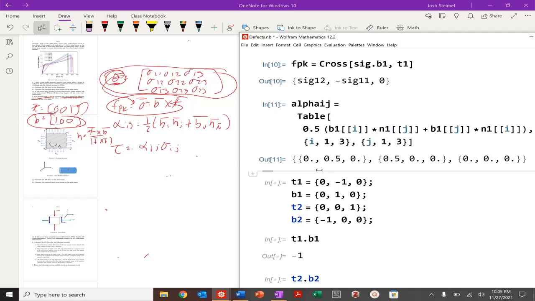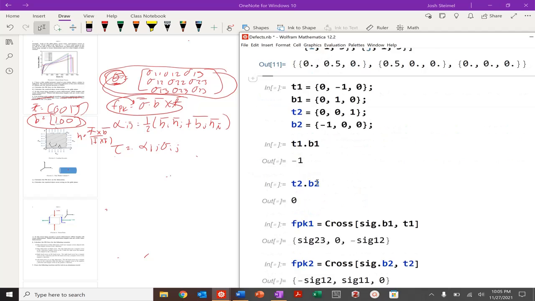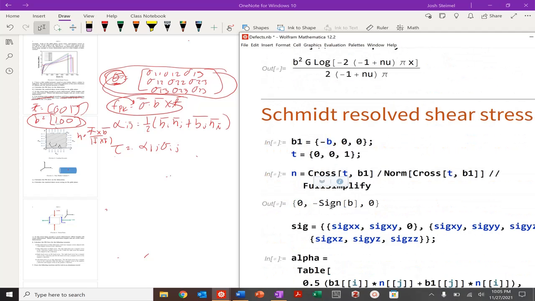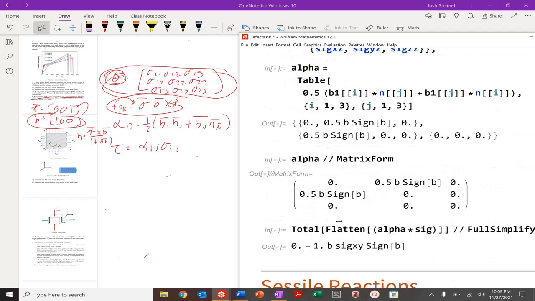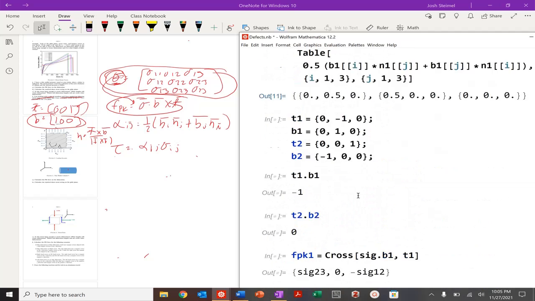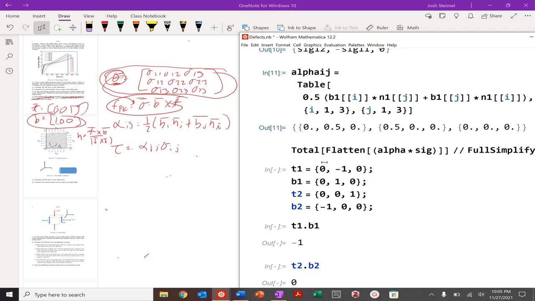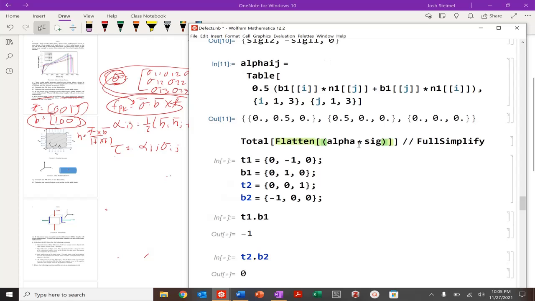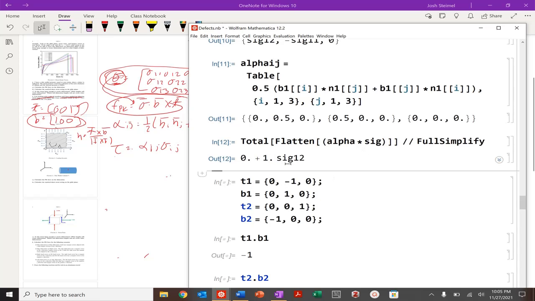And then now, my tau, which I'll go ahead and grab all the way down here, the Schmid resolution tensor, and I could go ahead and get this. This will always be that total. So the alpha ij, or the total Schmid resolution tensor, is just going to be this: the flattened alpha dot sig, and it's just going to be sigma 1, 2.